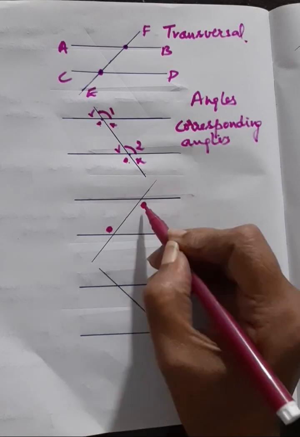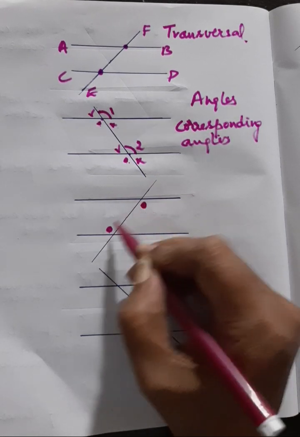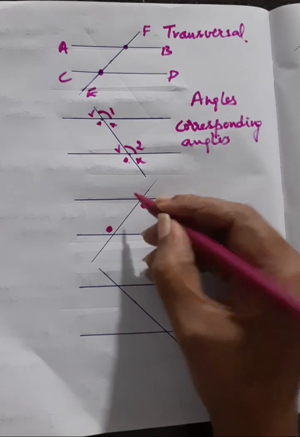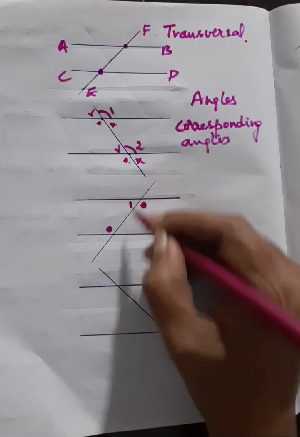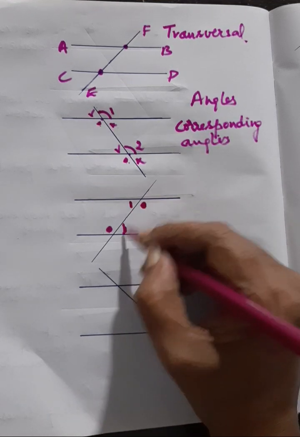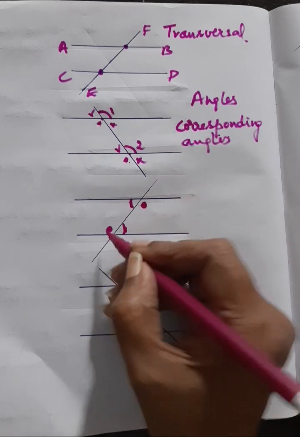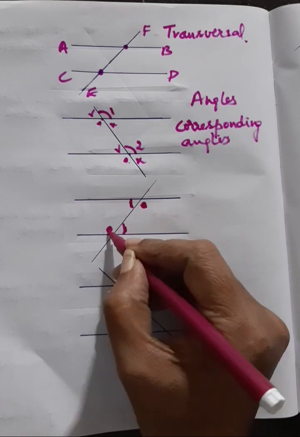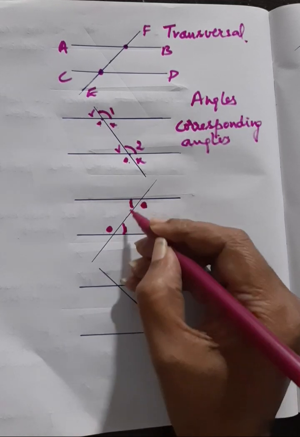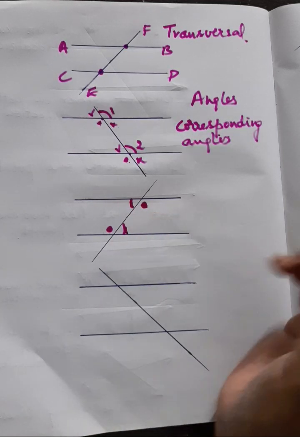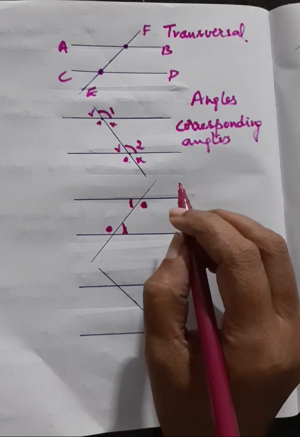So the inner side we call alternate interior angles. Another pair is here, this is one and this one. So these two are alternate interior angles. This and this, alternate interior angles.